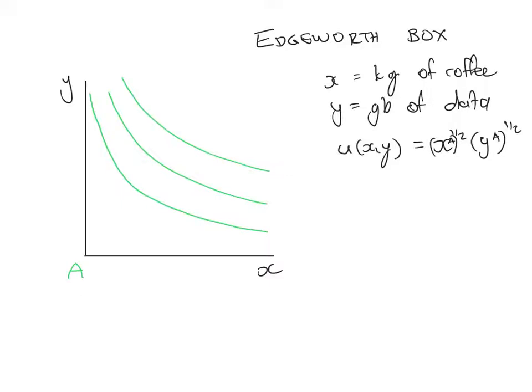That second person is Bongani, and he has preferences which are also Cobb-Douglas. So here we have Ayanda's preferences, UA for XA and YA, and then Bongani, who likes XB and YB. He's similarly going to have Cobb-Douglas preferences where each is raised to the power 1/2.